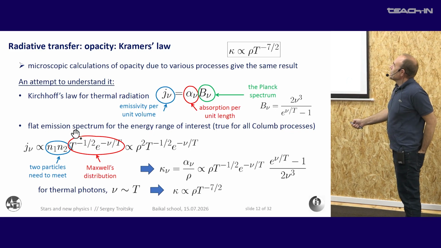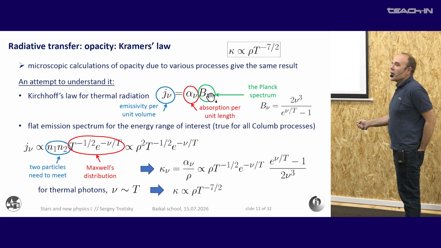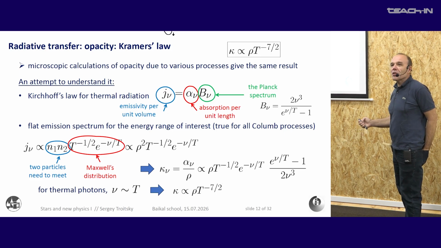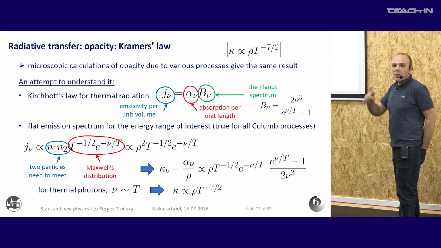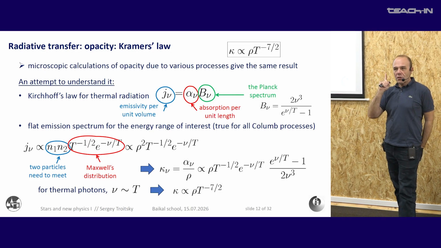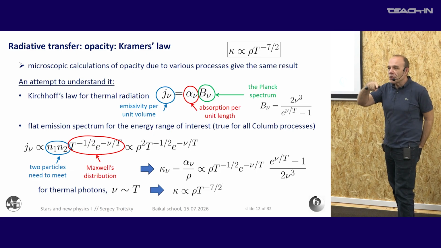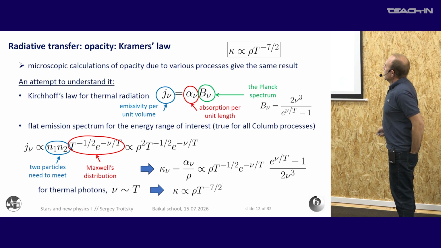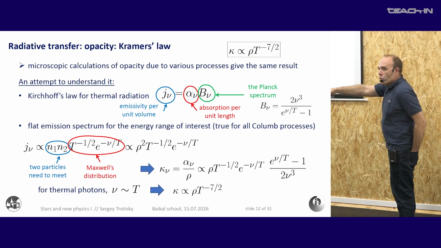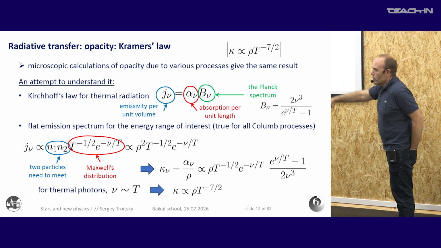Look, suppose that the absorption process is related to some thermal process, absorption and radiation. This is not the case, for instance, for Thomson scattering. Thomson scattering is completely different, and by the way, it does not follow Kramers' law. The opacity we calculated previously is constant.